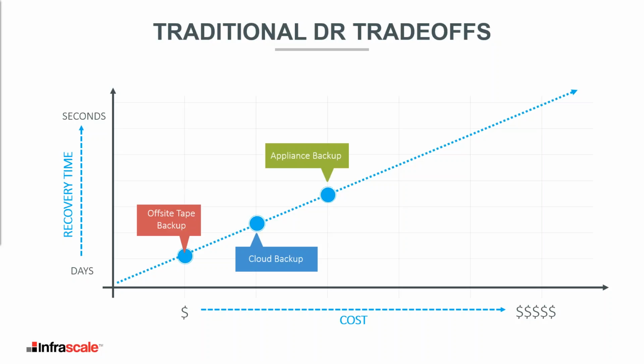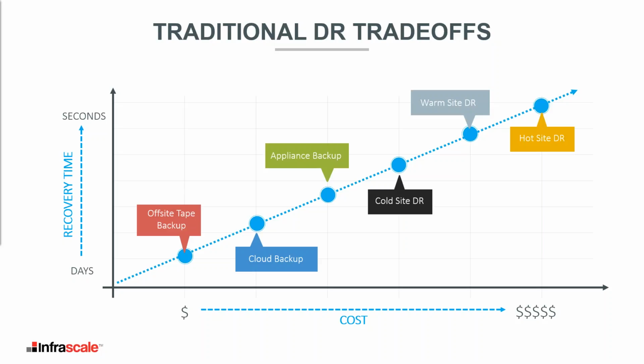And then appliance backup, which is very common today. You end up with something that's relatively reliable and affordable. You can see it's right there in the middle of the cost and recovery time spectrum. And then, of course, cold site and warm site DR. Along this continuum, you still have to make the trade-off between speed and cost anywhere along the scale.